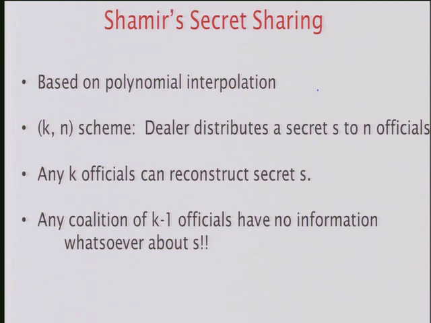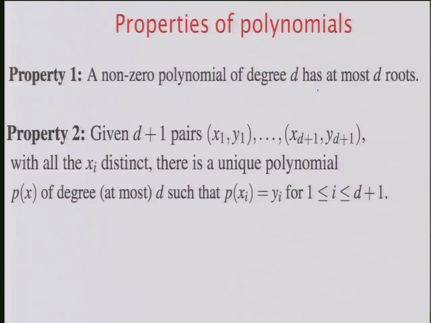All right. So how do we do this? Well, we go back and remember polynomials. What are the properties of polynomials? Last time we said polynomials have 2 very beautiful properties. One is that any non-zero polynomial of degree d has at most d roots. So what's the root of a polynomial?